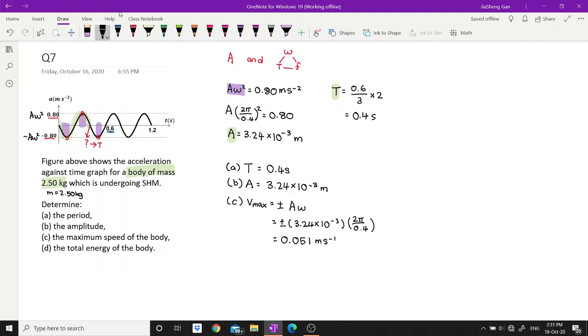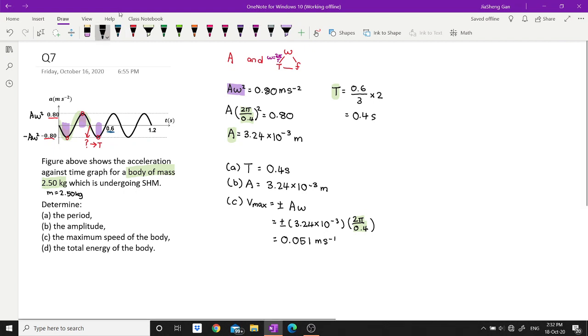So that's Vmax. If you are wondering how I get the omega here, this omega is the same as the omega here, and it basically comes from omega equals 2 pi over T. Until now I believe all the questions are relatively straightforward.